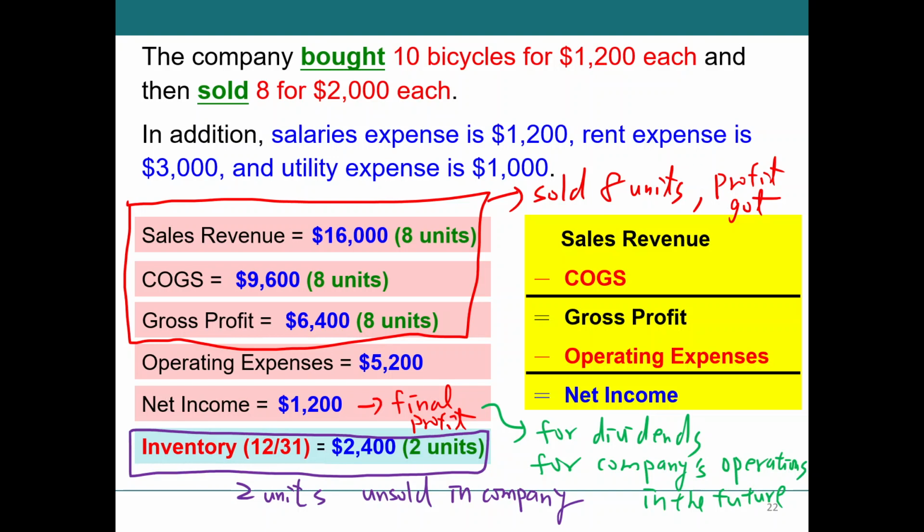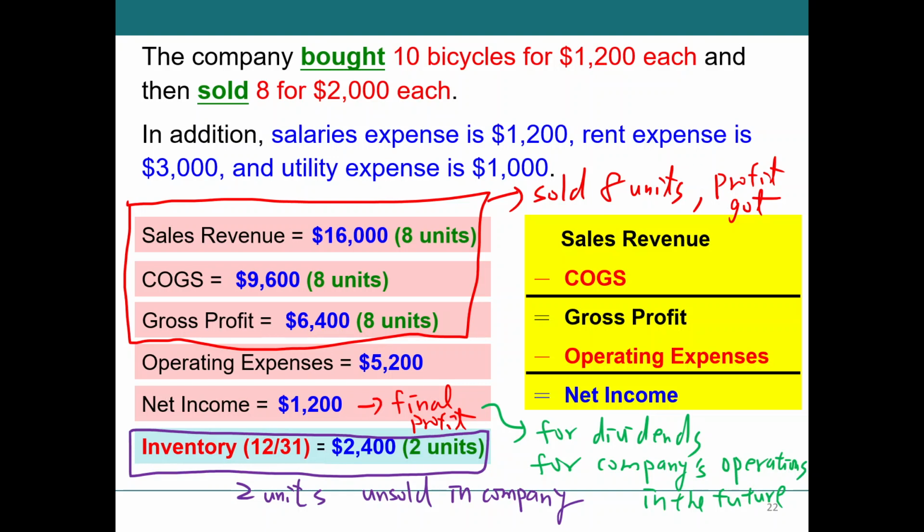Okay? If you understand the basic relationship between these, then we have to talk about a more complicated situation. So what does that mean, more complicated situation? For companies, it's not only 1 year.